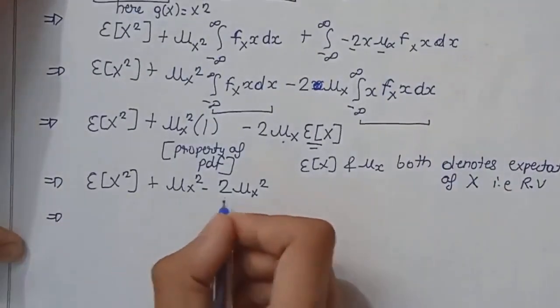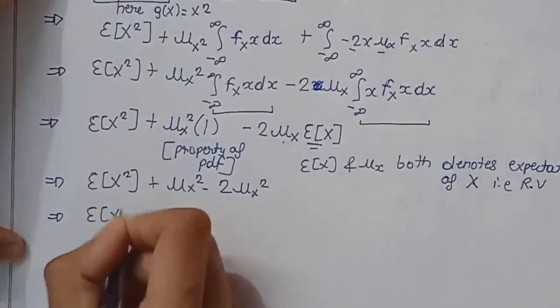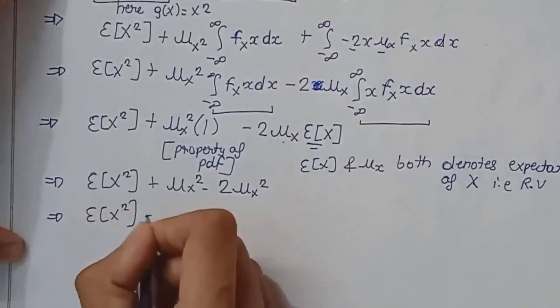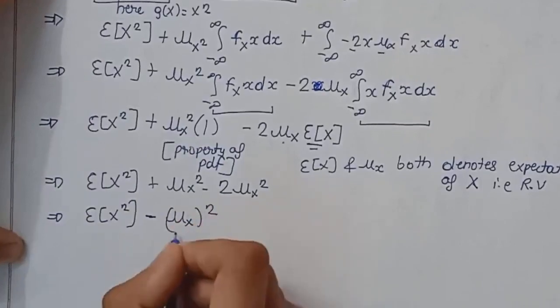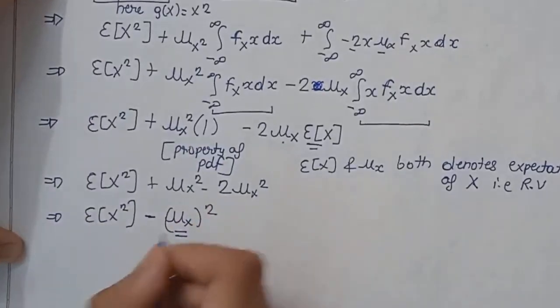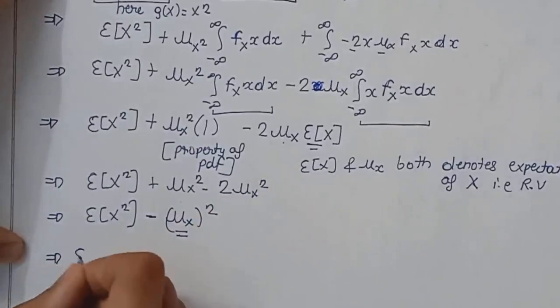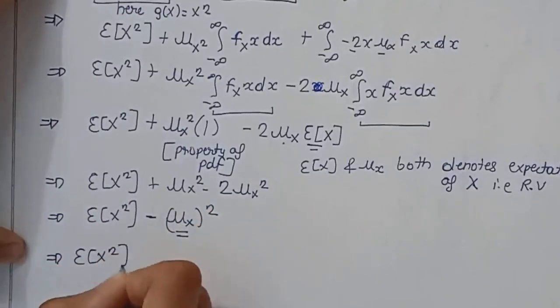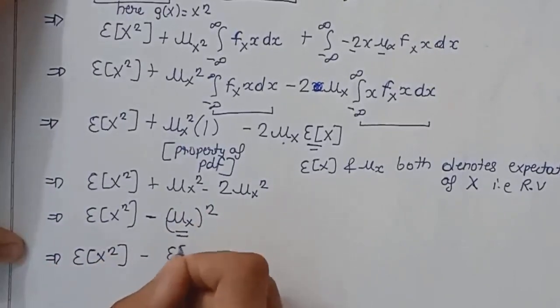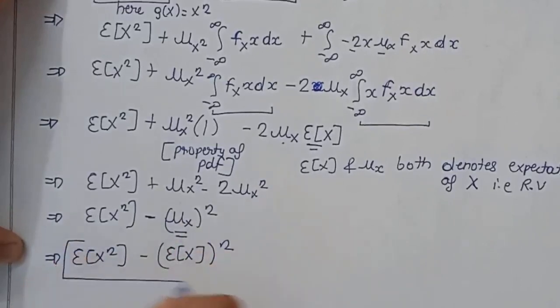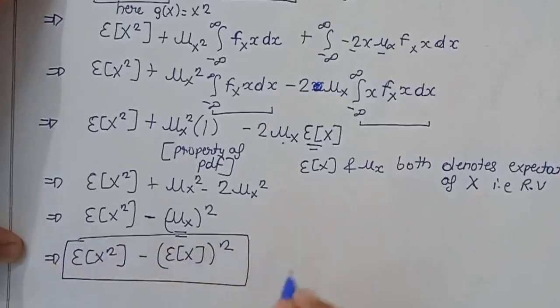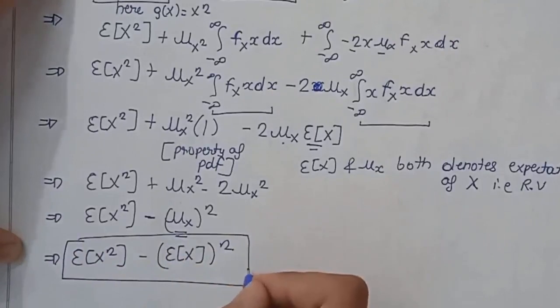Now this can be solved as the expectation of x square minus nu x whole square, which in terms of expectation of x can be simply written as the expectation of x whole square. And at this step we have derived our required formula to calculate the variance of a random variable.